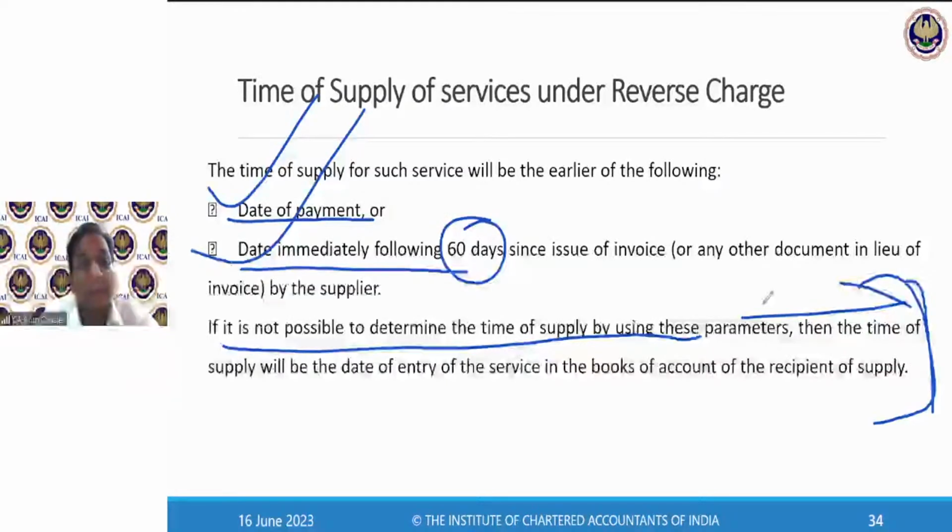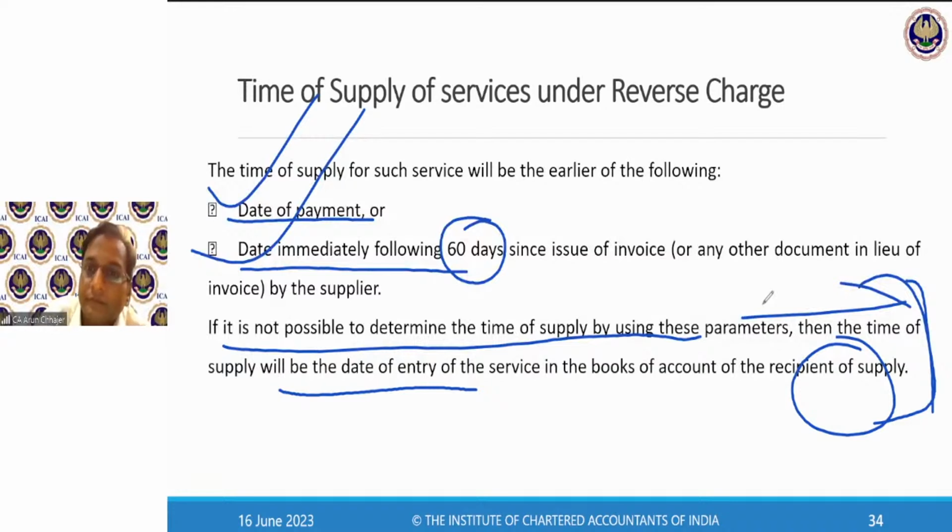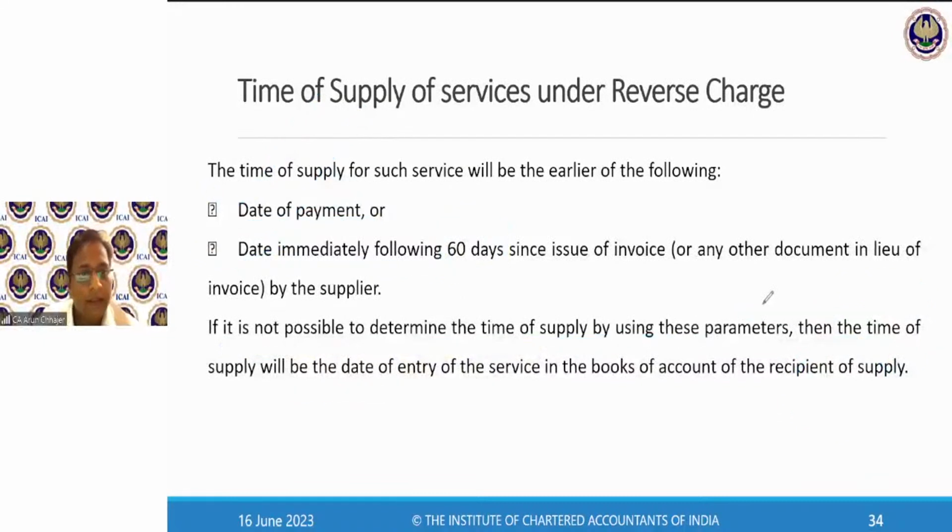Then what is the time of supply? Time of supply will be the date of entry of services in the books of the recipient. Is it clear to all?